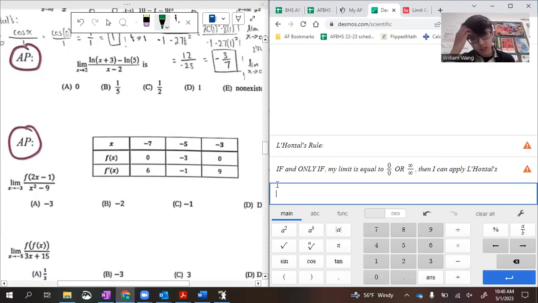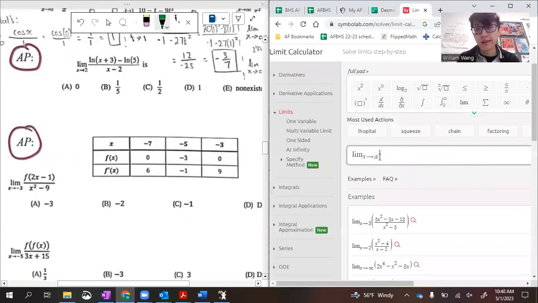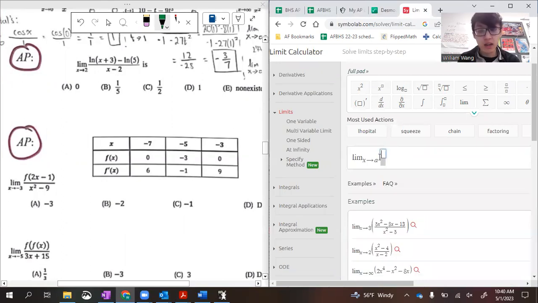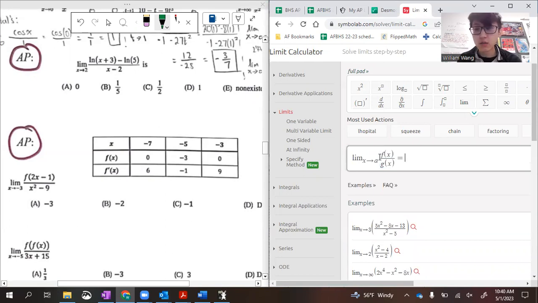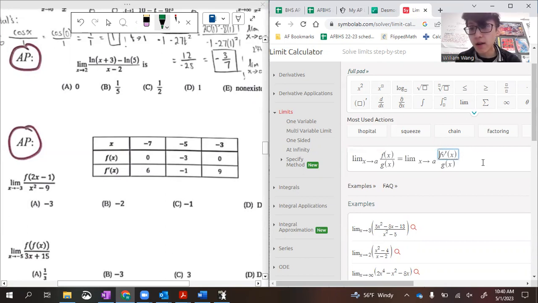All right. So what is the actual rule? The rule is, I'm going to write my limit here. The limit as x approaches a of f of x divided by g of x is equal to the limit as x approaches a of f prime of x divided by g prime of x.